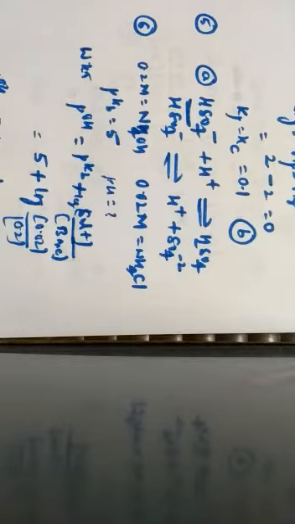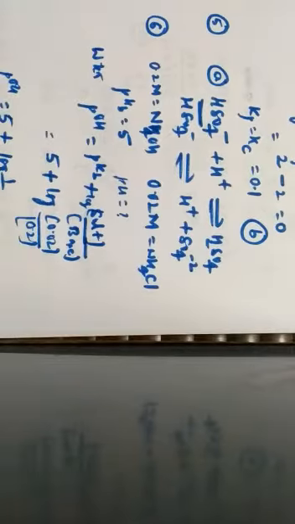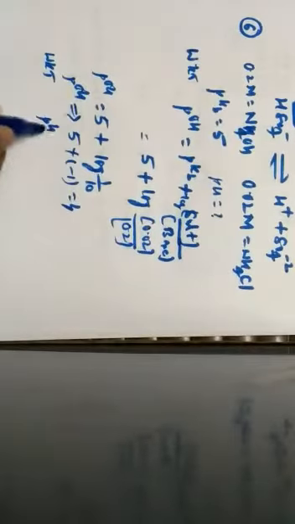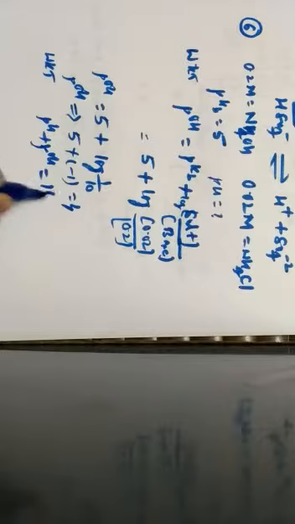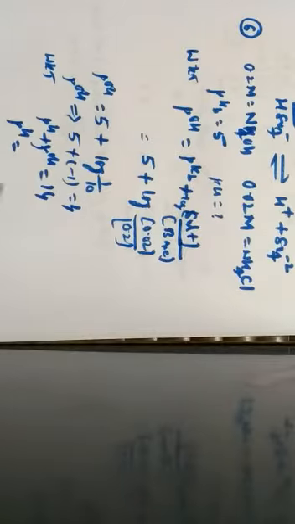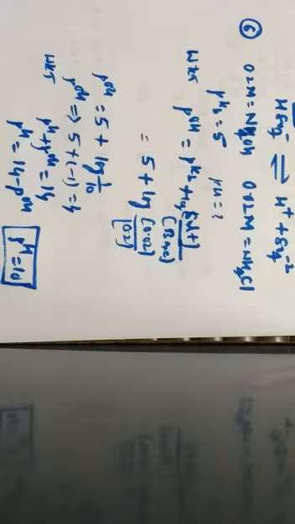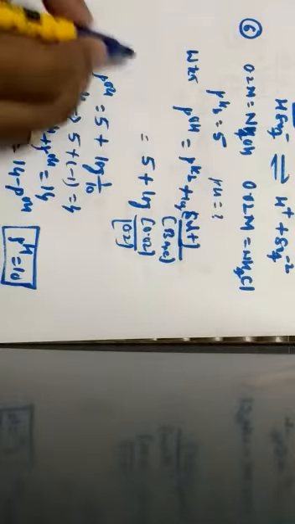Upon simplification, 5 plus minus 1 is equal to 4. Therefore, the value of pOH is 4. And from the chemical equation, we know that pH plus pOH is equal to 14. So I can calculate pH as 14 minus pOH. That implies pH is equal to 10. So pH is equal to 10, which is given by option A.